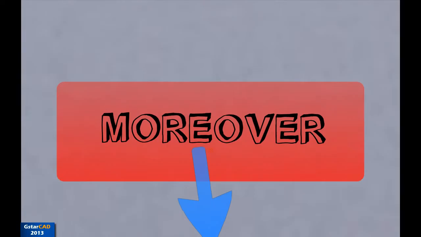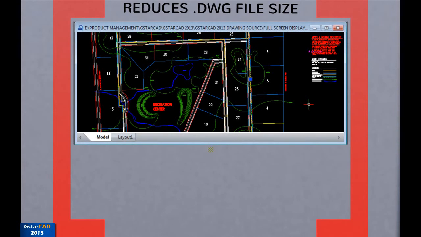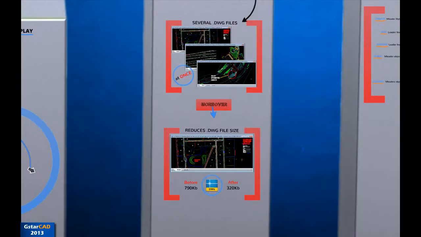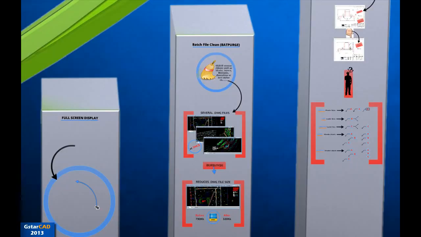Moreover, it reduces DWG file size. Okay, with BatPurge you can reduce the DWG files by more than half their size. So this is another productive function added in this release.